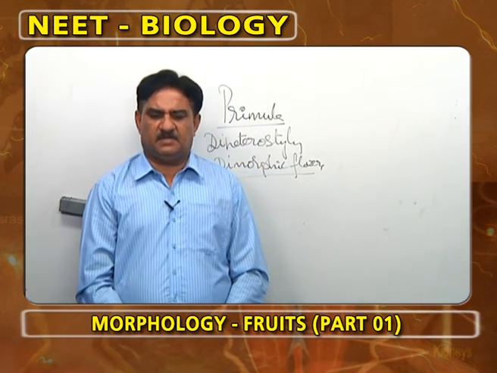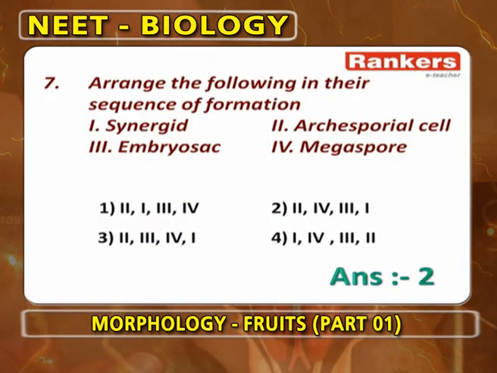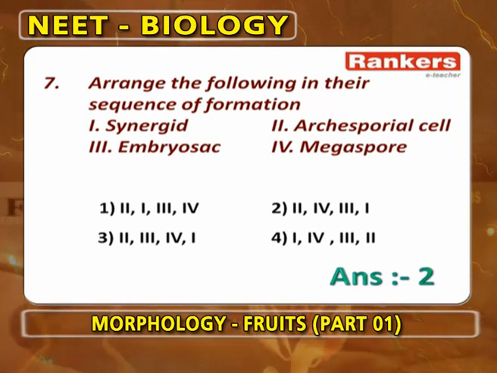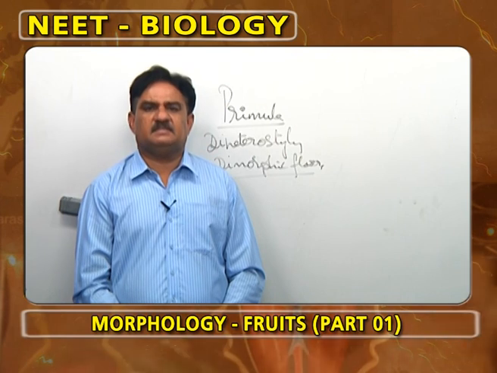Megaspore mother cells by meiosis produce megaspore. So first formed is archesporial cell, then formed is megaspore, then is embryo sac, 7-celled 8-nucleated embryo sac, and in the embryo sac synergids are present.